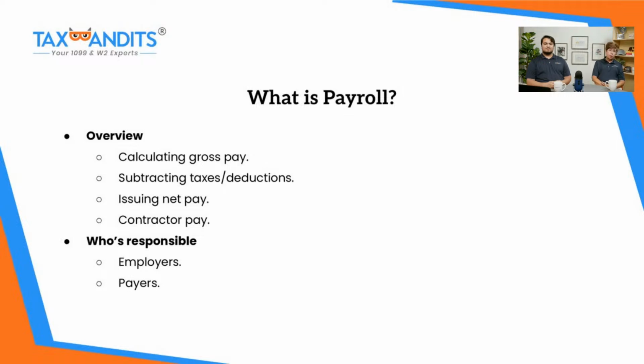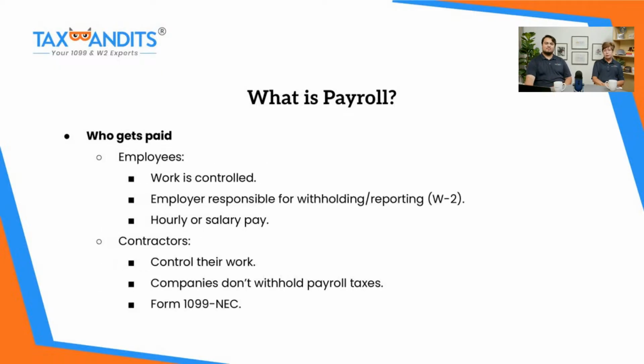The responsible party for payroll are employers and payers. So who gets paid? This would be employees and contractors. With employees, their work is controlled. They are earning wages, and usually with that, there are deductions associated, and they will get a W-2 at the end of the year.